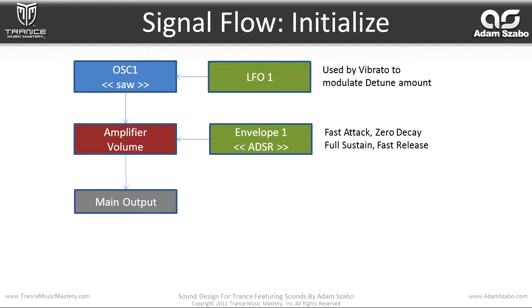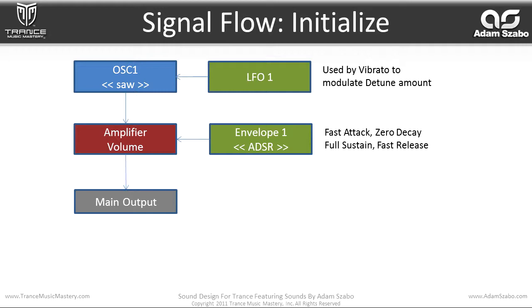And then the output of oscillator 1 flows into the amplifier volume, which is modulated by envelope 1 with a fast attack, 0 decay, full sustain, and a fast release.